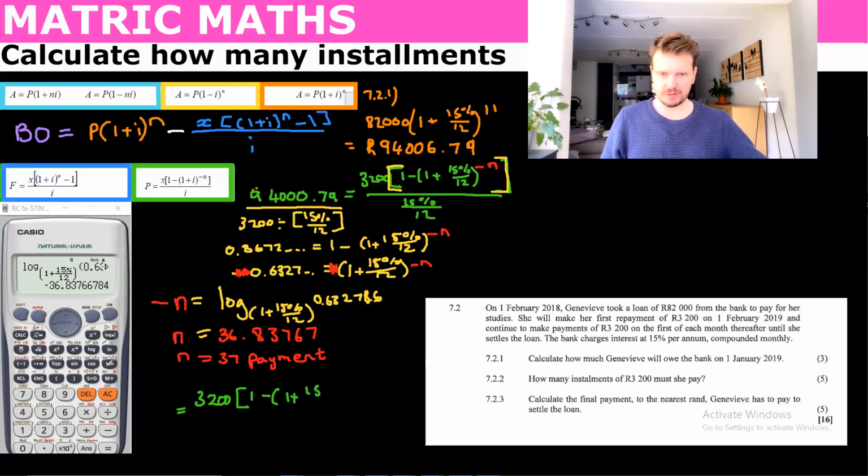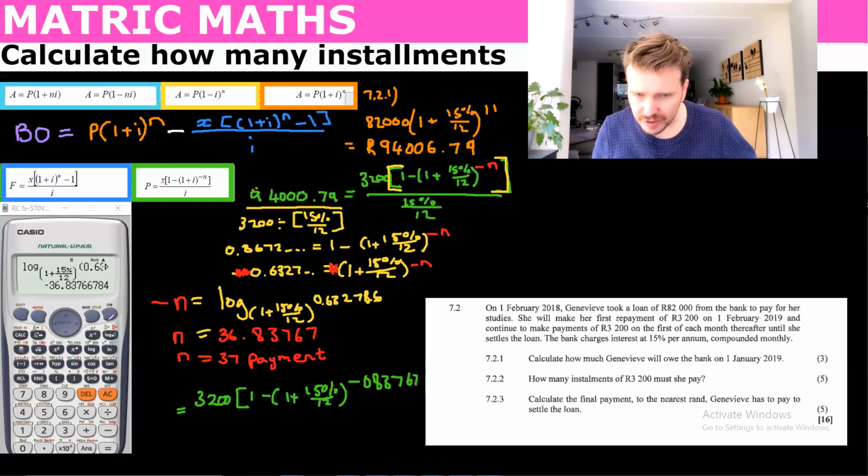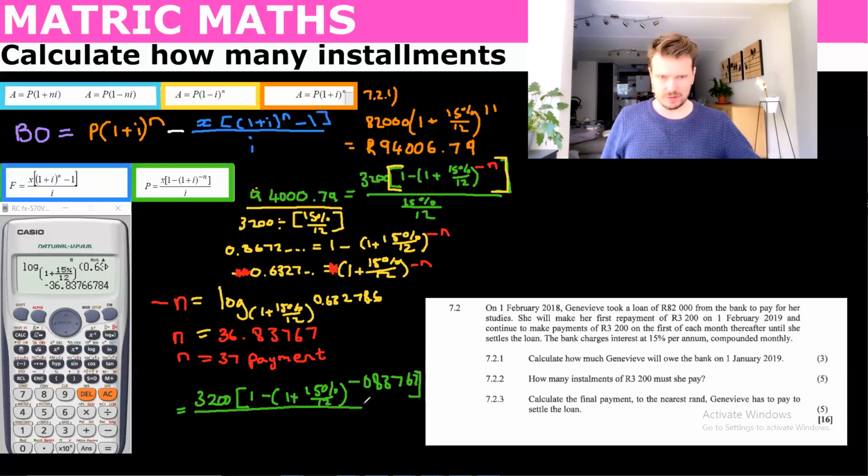So it would be 15% over 12, to the power of negative this fraction bit, 83767, over 15% over 12, and you can put that in and get the value of that final payment.